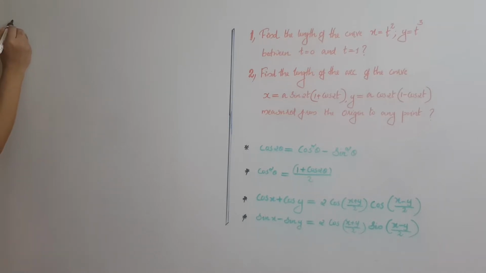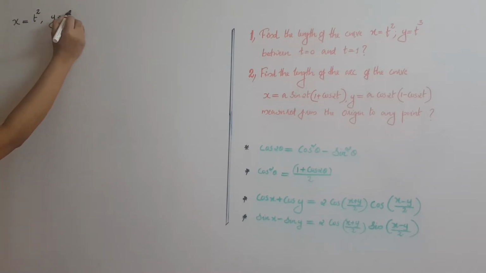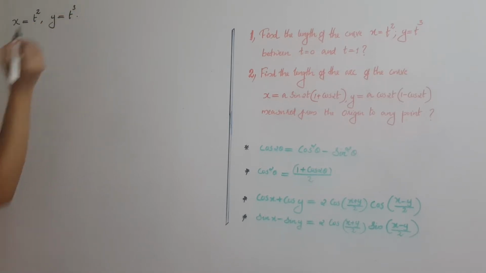x is equal to t square and y is equal to t cube. First, we have to differentiate the given equation with respect to t.